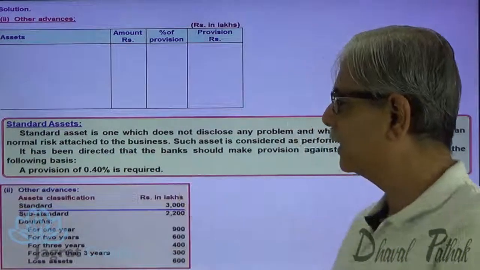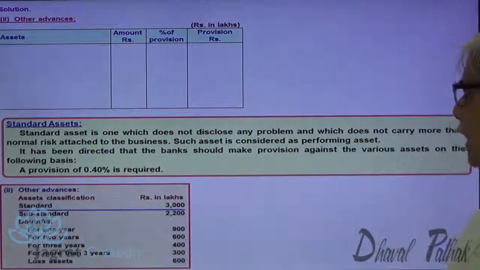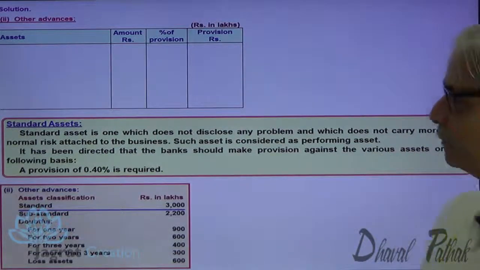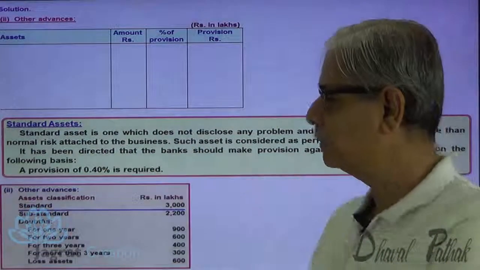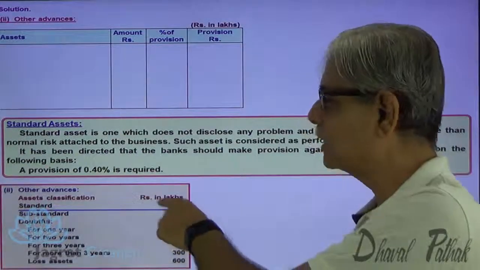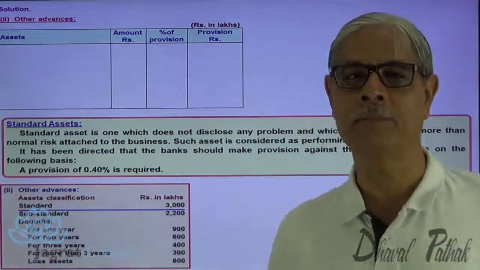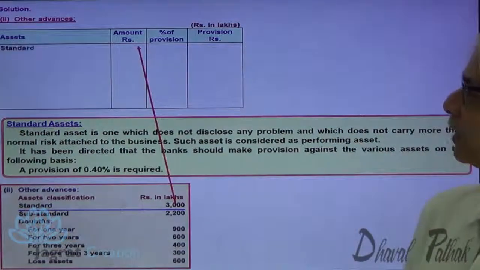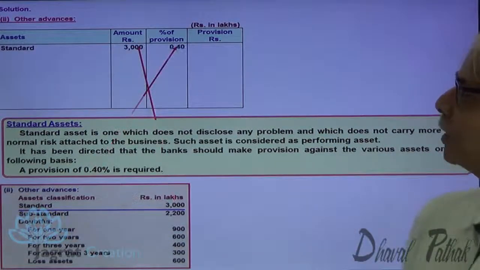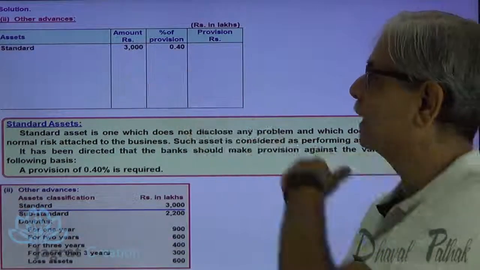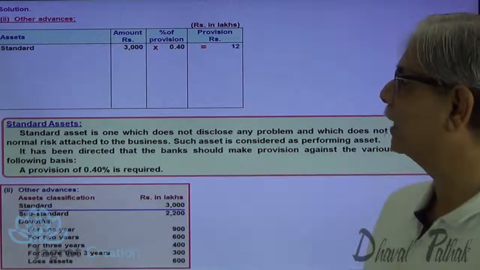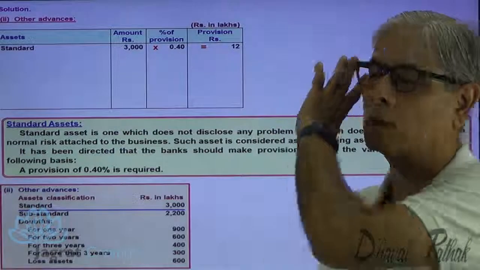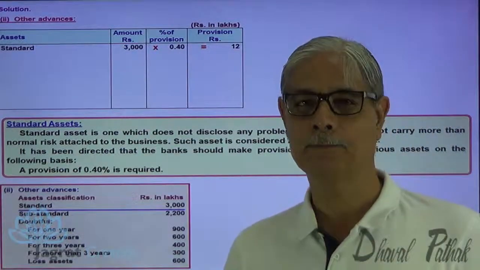It has been directed that the bank should make a provision against the various assets on the following basis. So for standard assets, you are required to make a provision of 0.4%. So if you make 3,000 into 0.4%, these figures are in lakhs. So provision required is 3,000 into 0.4%, 12 lakhs.